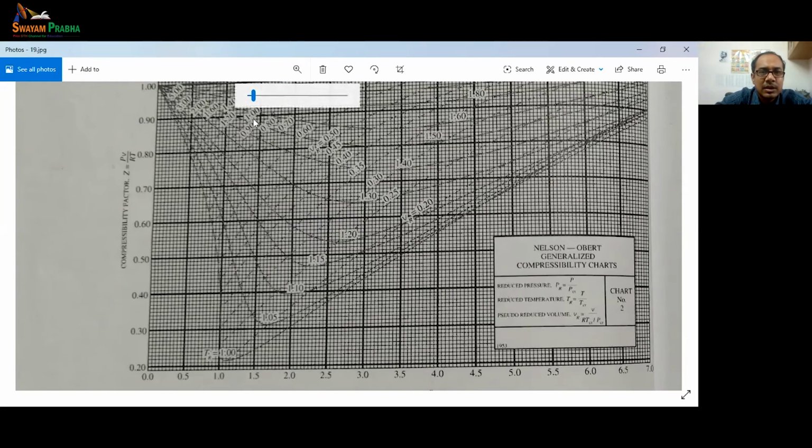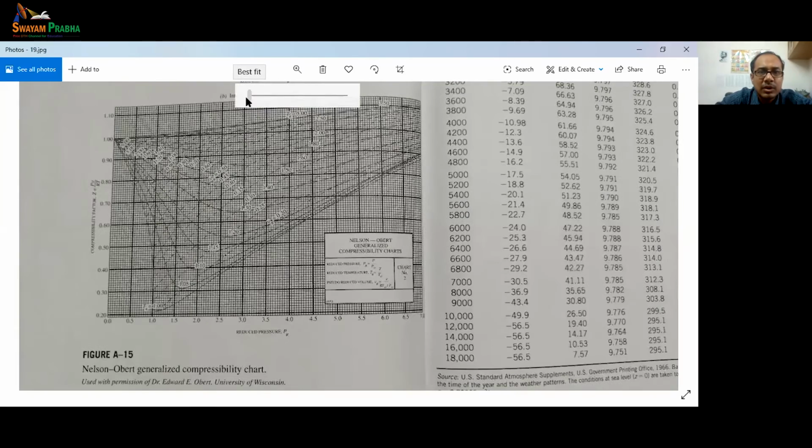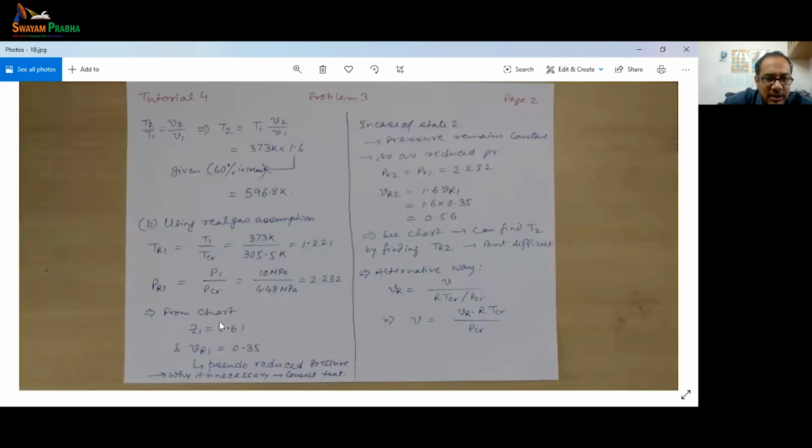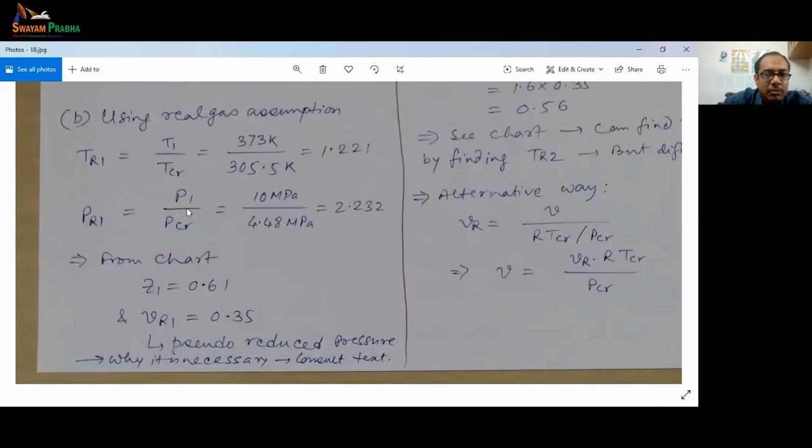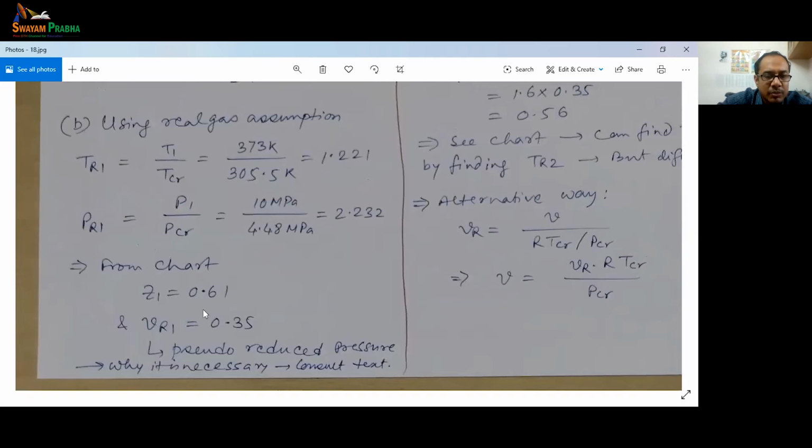If you actually read those numbers, ZR, that is Z1, is 0.61, the compressibility factor at state 1, and this pseudo reduced volume, sorry, this should be volume, VR1 is 0.35.